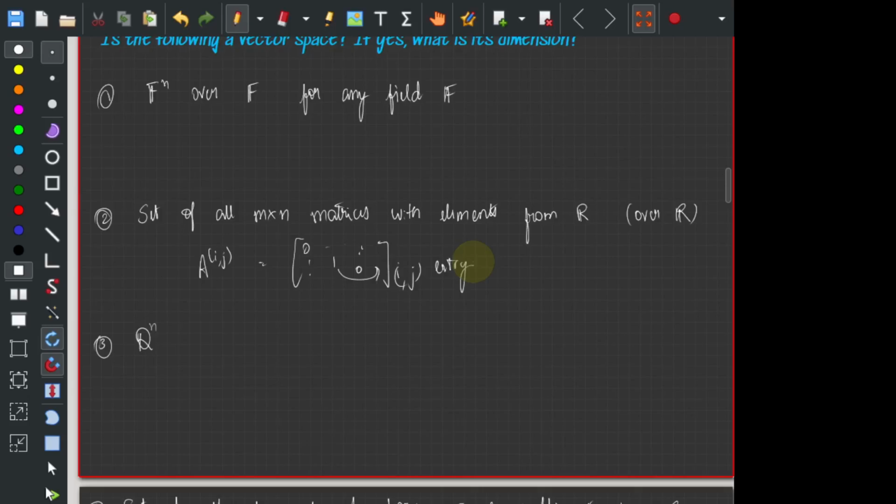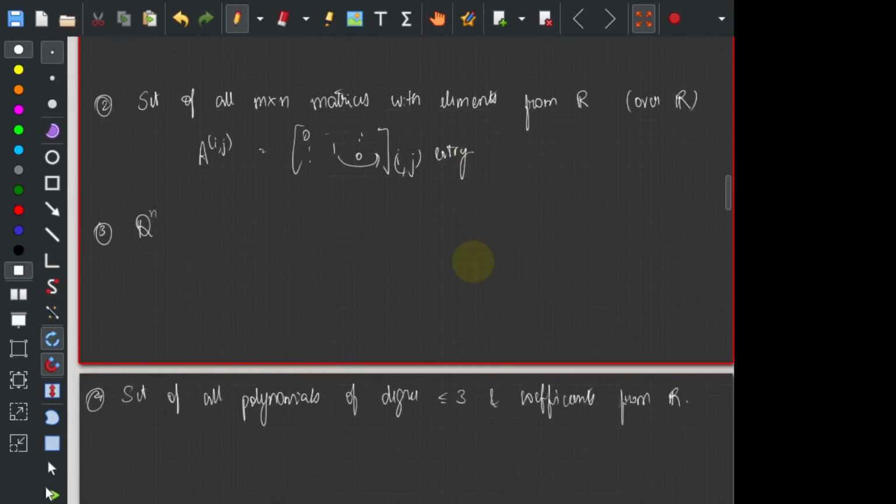These Aij are all linearly independent. Do you agree? Yes. And they span the set of all m by n matrices, because I can write any matrix B as the sum of Bij times the matrix Aij. Correct? So you all agree that this forms a vector space. And what is the dimension? M into n. Okay, great.